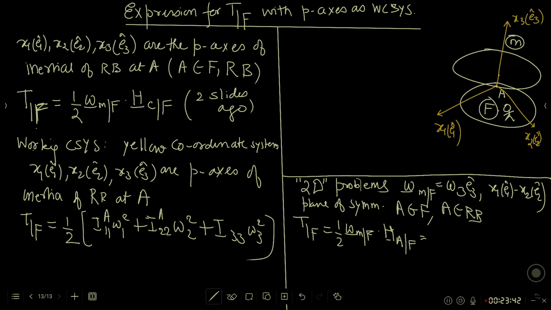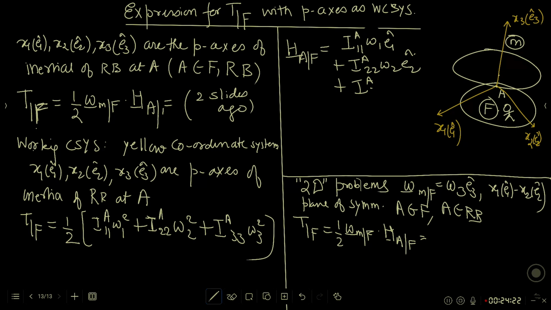Because HCF should be HAF. HAF can be written as, right, and omega MF will be, so if you use these two, you should get this.